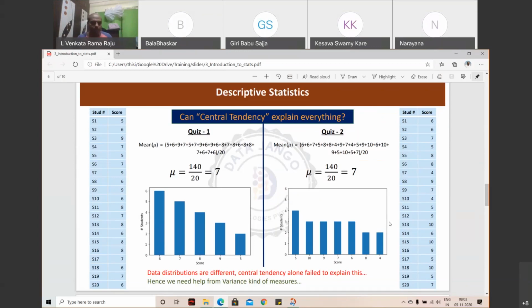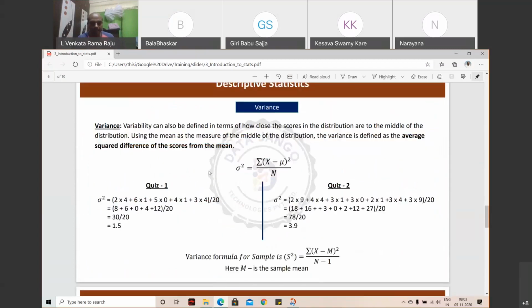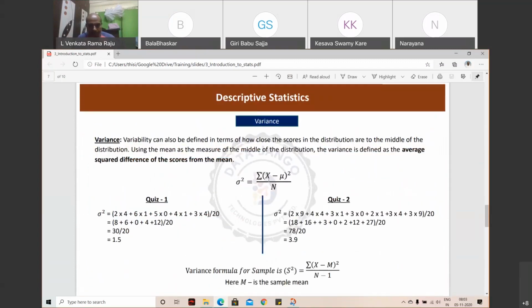So when the spread is close to the mean, you can understand what's happening there, and when the spread is far from the mean, also you can understand. If you can calculate that using one formula, that's going to be better. That formula is the variance. We take x, subtract the mean, square it, sum it and divide by n.